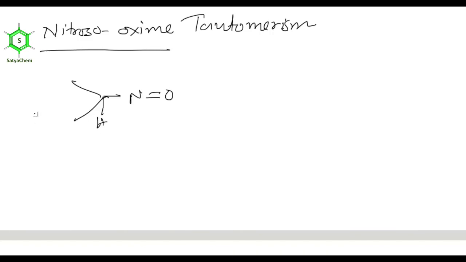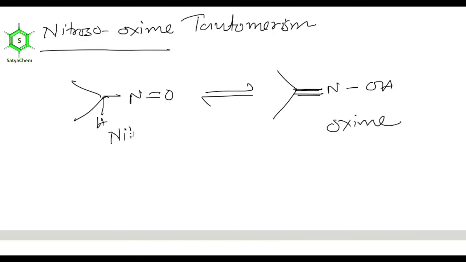Clear? So this hydrogen is now going to transfer to this oxygen. In the oxime form we need to give a double bond because carbon is tetravalent. So this is the oxime. This is the nitroso form.